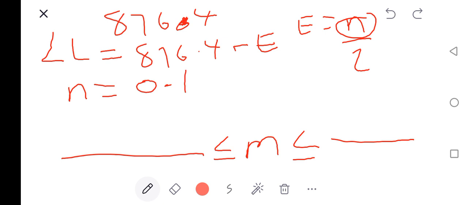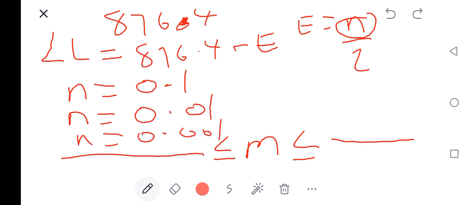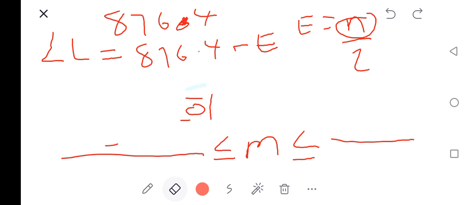When you've got two decimal places, your unit difference n is 0.01. When you've got three, it is 0.001, just like that. It's like you're following zeros. When the number has no decimals, your unit difference is 1.